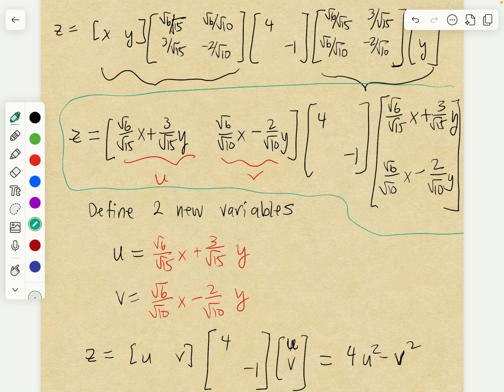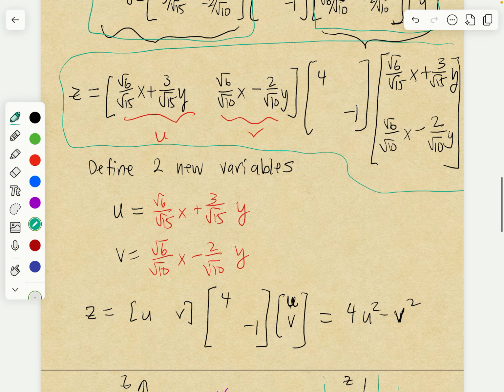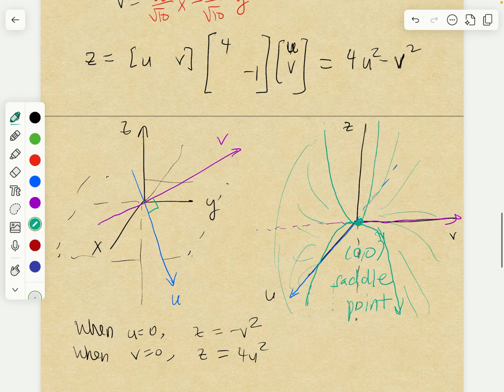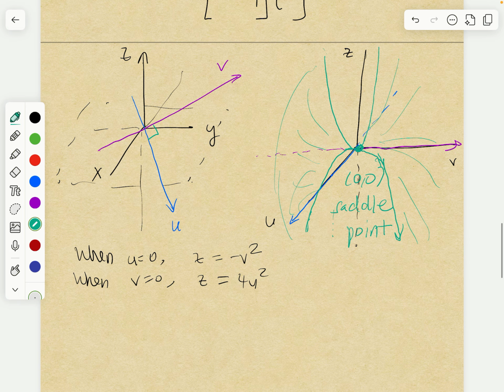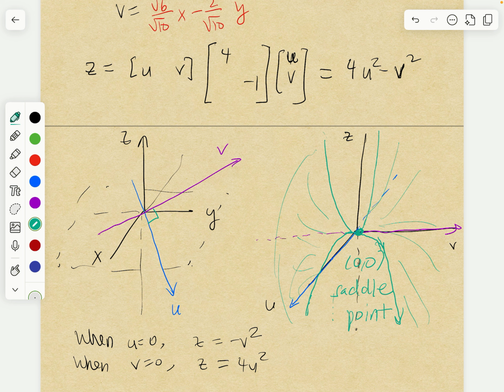And when we defined u and v using this, we saw that we can just write z as 4u squared minus v squared. And using these two new variables, these new axes, since z is some simple thing, 4u squared minus v squared, we can see that the graph is going to be such that 0, 0 is a saddle point.